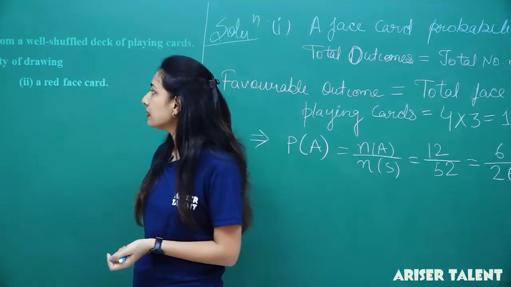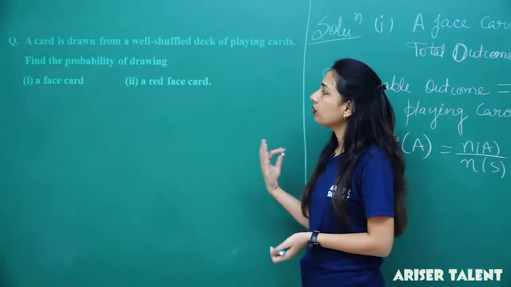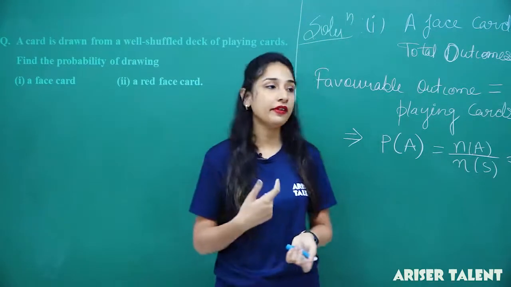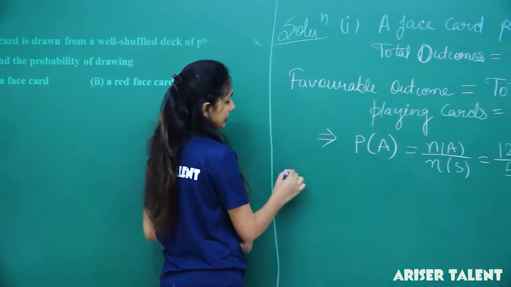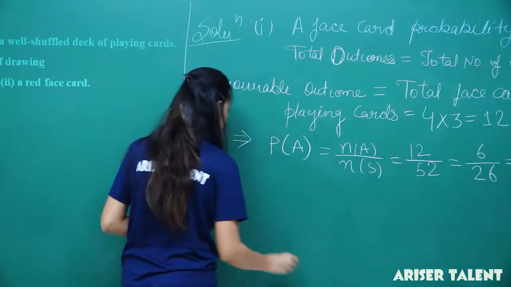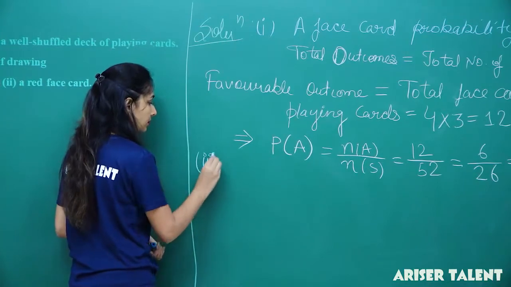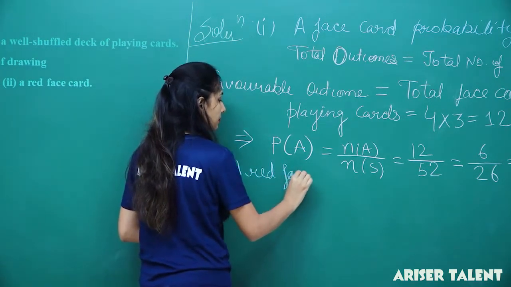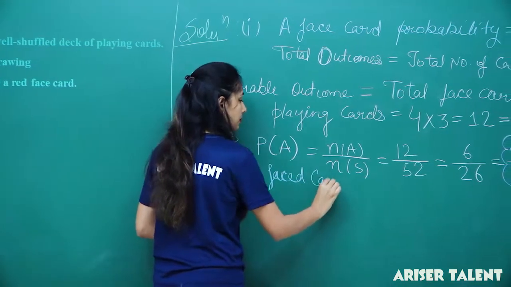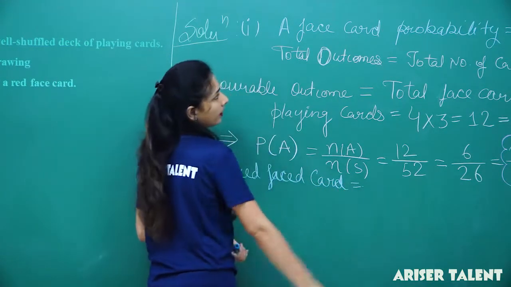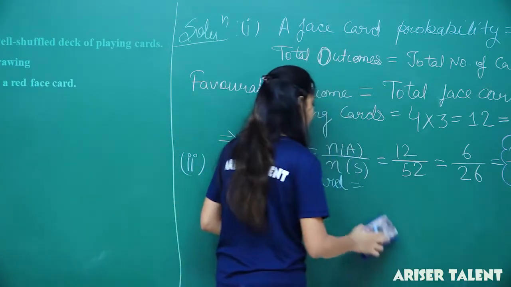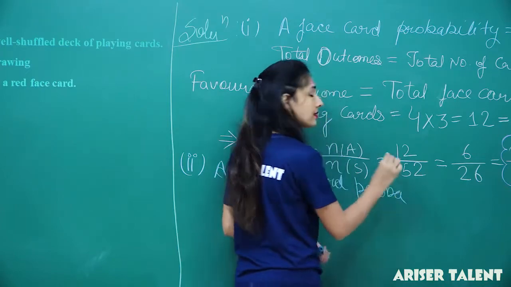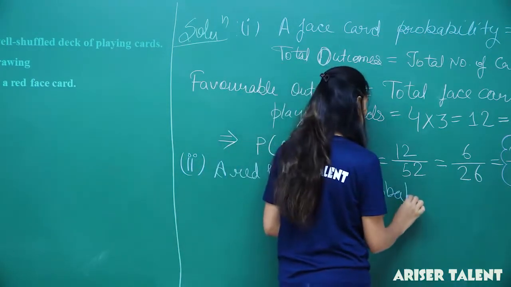Now what part 2 is telling us, a red faced card. Now I am talking about a red faced card. Okay. So in this second one, a red faced card probability, we'll just name it as event B. Okay, can we do that?